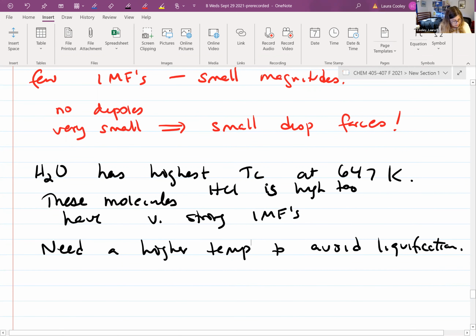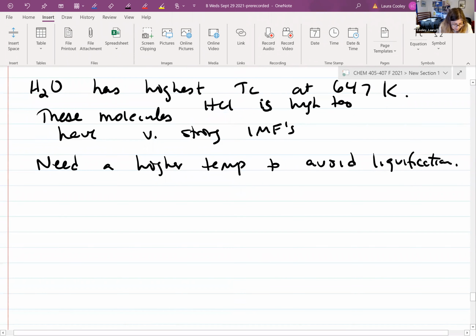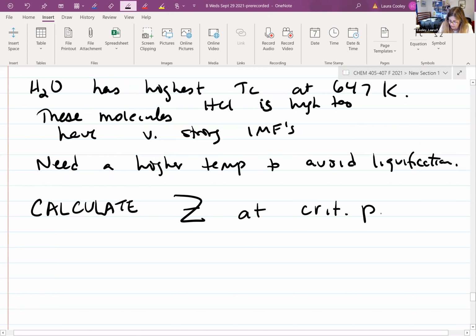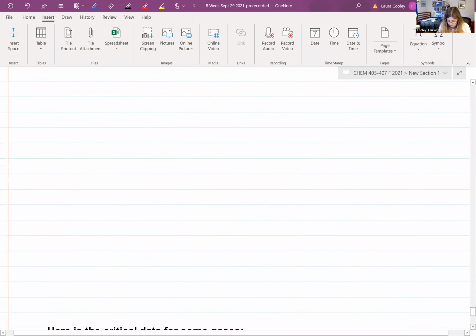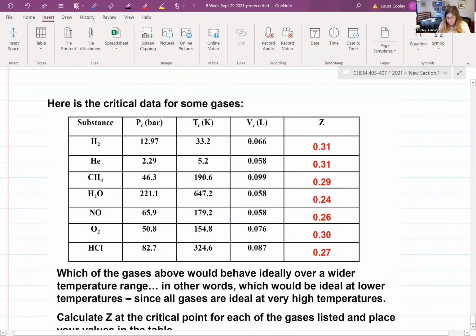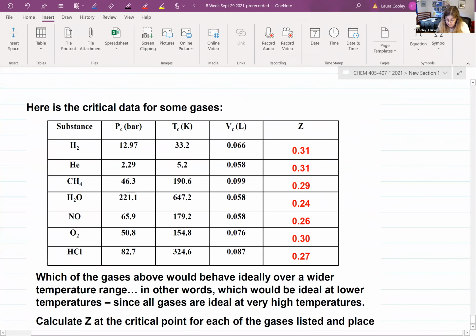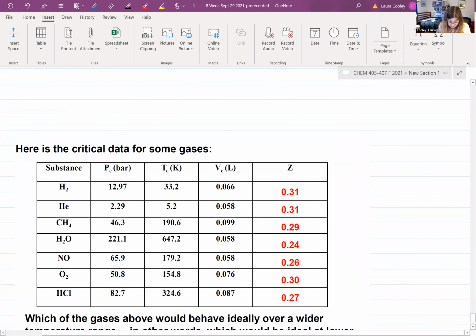All right, another really interesting point comes about if you calculate the compression factor at the critical point. So how do you calculate this? Let's just do an example.